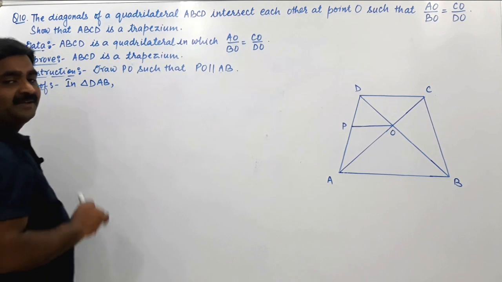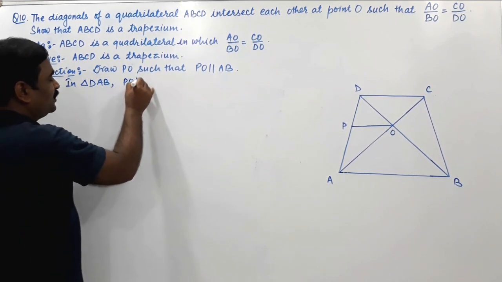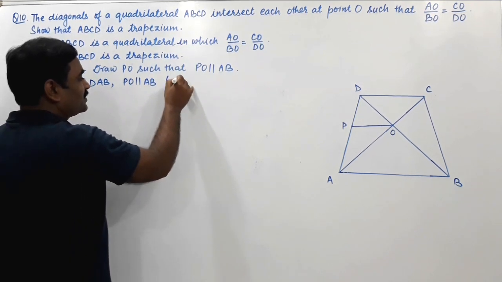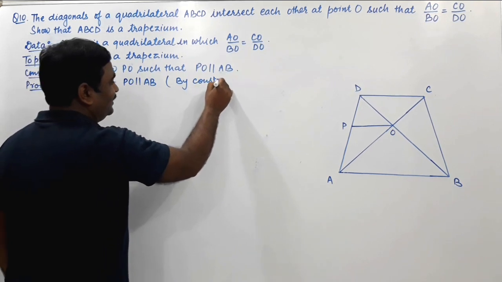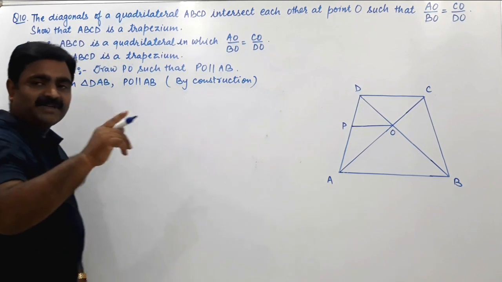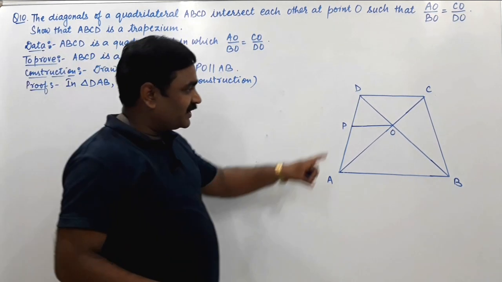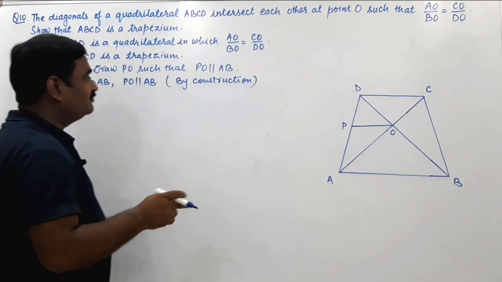In DAB, PO is parallel to AB. And how? By construction. हमने इसको कंस्ट्रक्ट किया by construction, right?